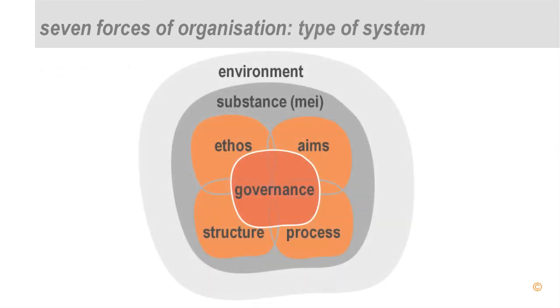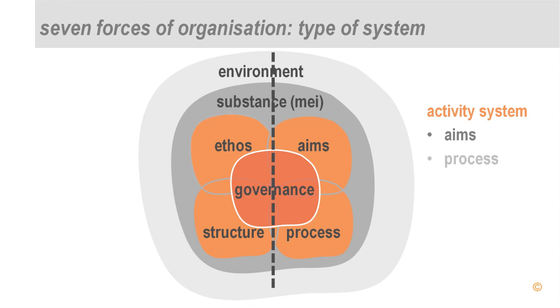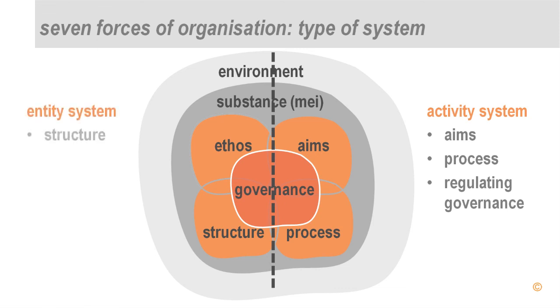In the case of an activity system, we are starting with the aim of the system and determine the process that is required to achieve that aim, and the governance emphasis is on regulation. So the system is regulated to achieve its aims. By comparison, the emphasis in the entity system is on structure.